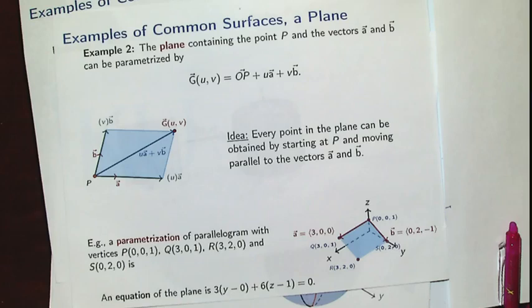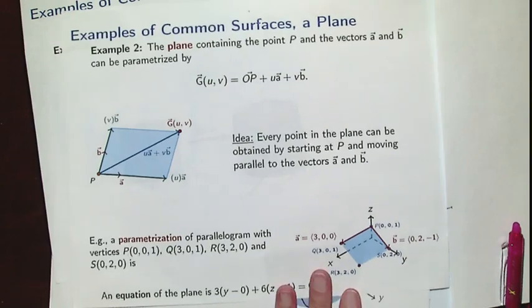If I want to stay on a parallelogram made by the two vectors A and B, which is a small one down here, I have to have U and V between 0 and 1, which makes sense. That's how we did it over here.